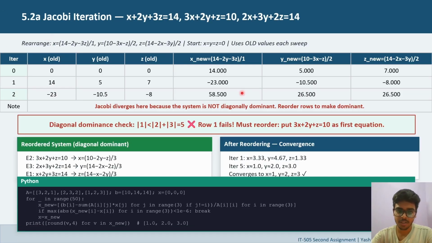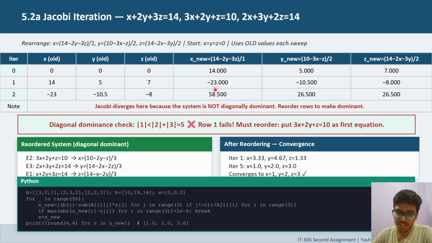Jacobi iteration. The rearranged equations are: x equals 10 minus 2y minus z divided by 3, y equals 14 minus 2x minus 2z divided by 3, z equals 14 minus x minus 2y divided by 3.